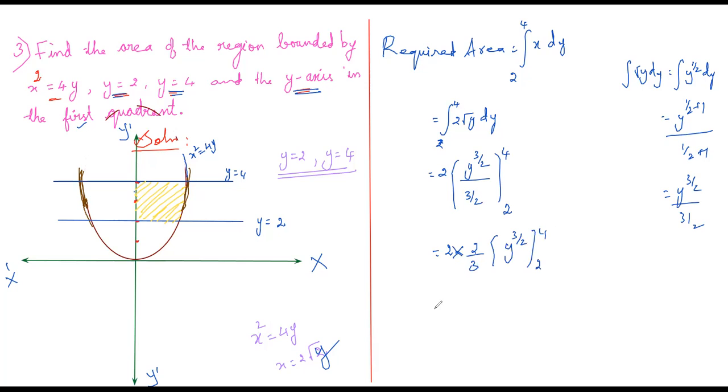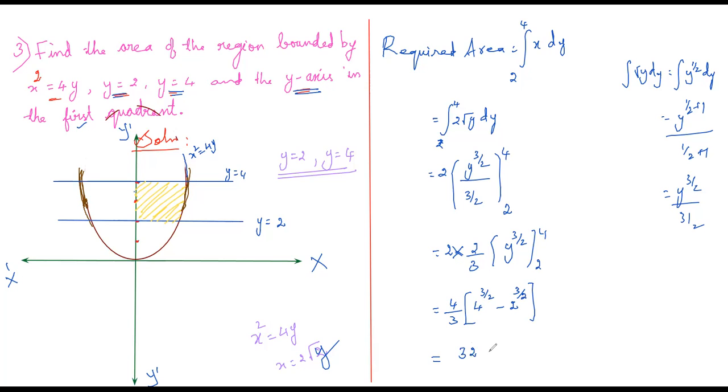Just substitute and find the answer, 4 by 3. Substitute the upper limit, so it is 4 power 3 by 2 minus 2 power 3 by 2, the lower limit being 2, and simplify it. Multiply this 4 by 3 inside, okay?